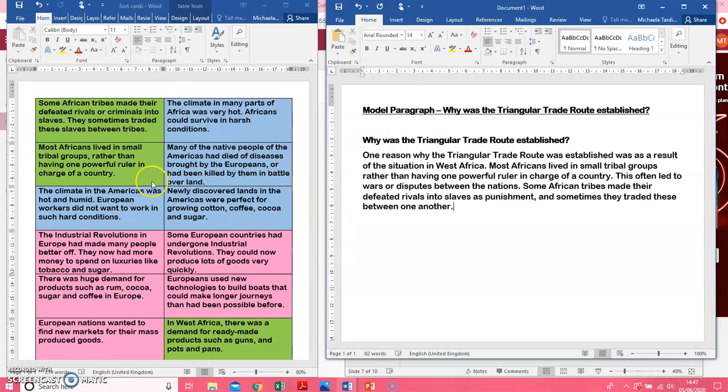So you can see I'm using some of the language that I have here as my evidence.